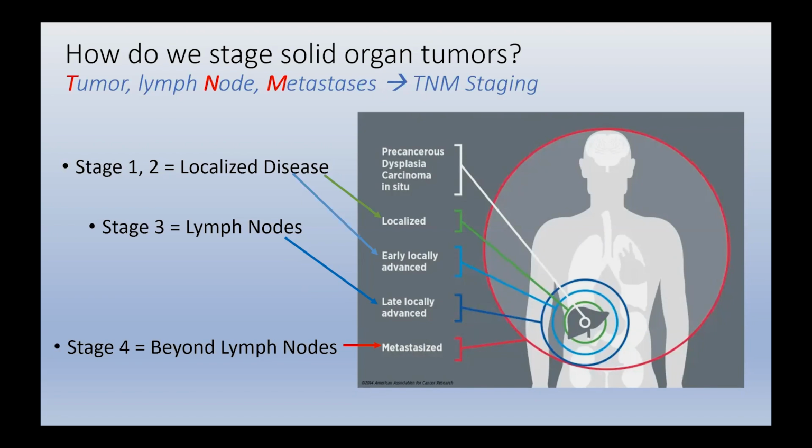Stage 3 in the dark blue circle means it's late locally advanced, so spread outside of the liver itself, but not quite yet at distant organs. And stage 4 is the red circle, the biggest circle, depicting that when the tumor has spread from the primary site to this red circle area or outside of the primary site, it is metastatic and therefore in a stage 4.